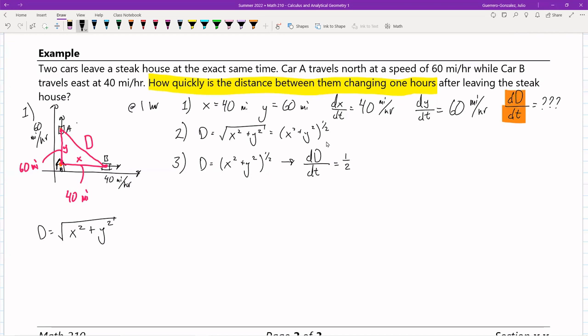That's going to be 1/2 times x squared plus y squared to the negative 1/2. And now comes the derivative of the inside. So it's going to be 2x dx over dt plus 2y dy over dt. Here is our derivative. Go ahead and highlight it in blue.